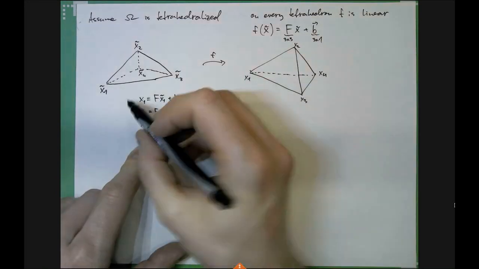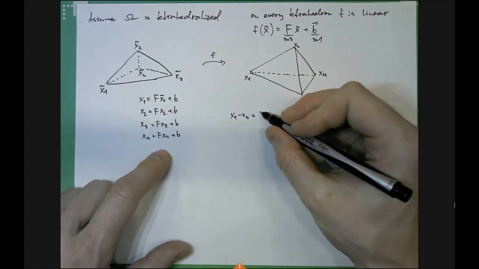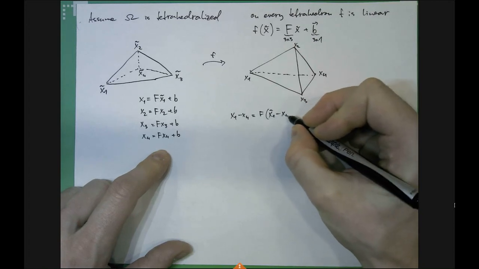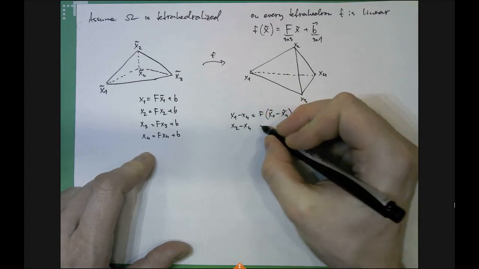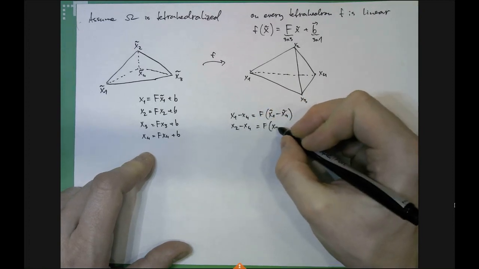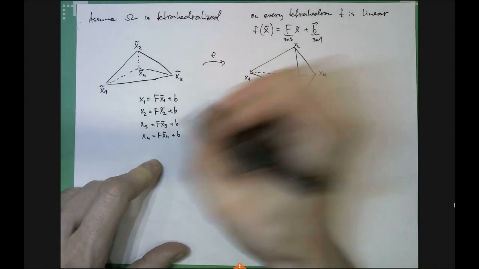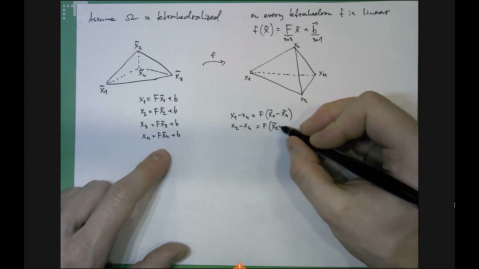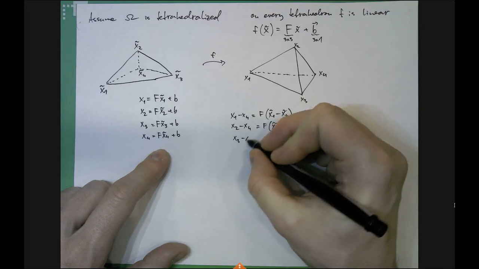So I'm subtracting the last equation from the first one, so I will get F times x1 tilde minus x4 tilde. Then I will subtract it from the second equation, and I will get this. Oh, and I forgot the tildes here, see? And this.